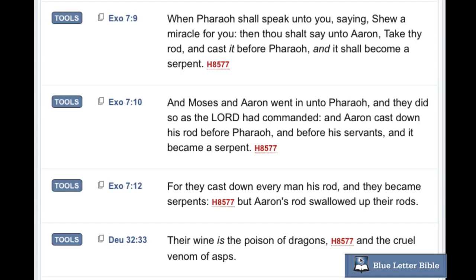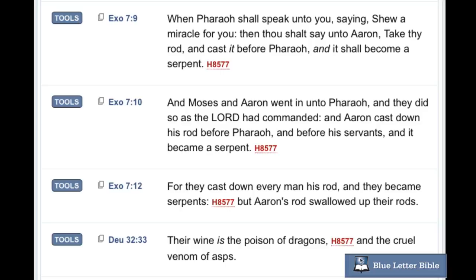In Exodus 7 verse 9, Moses' staff was said to become a serpent, or a tanim. So there it was translated serpent. Same thing in Exodus 7:10 and 7:12. Deuteronomy 32 verse 33, it talks about the wine of the poison of dragons. So that word tanim was translated as dragons.